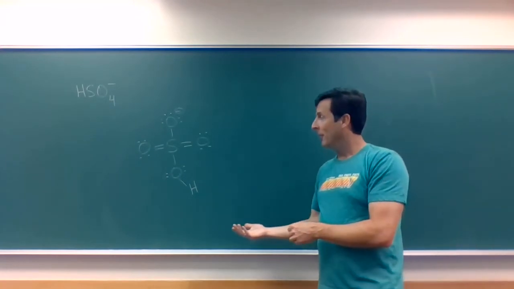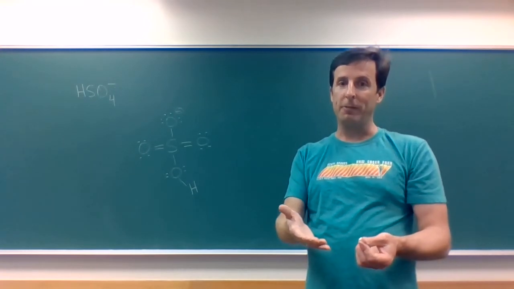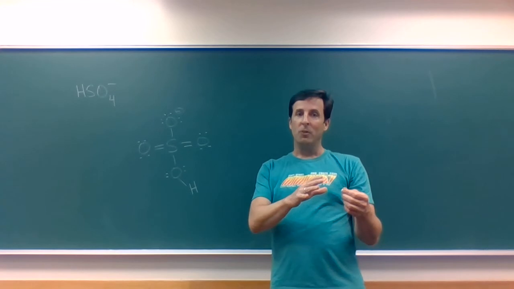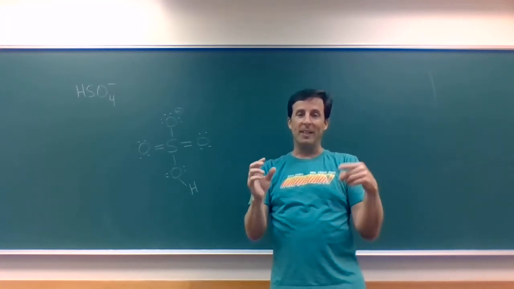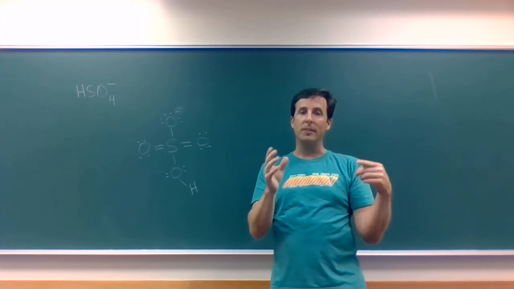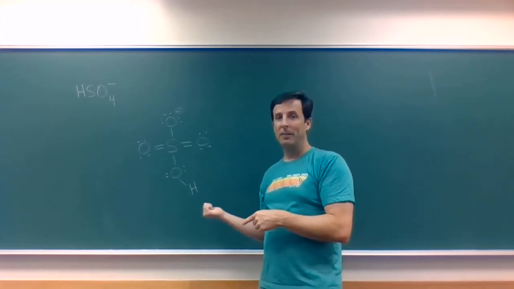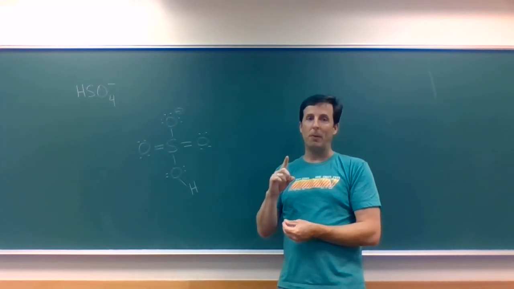Now, that's one structure. How many resonance forms could we have? A minute ago, when we did sulfate, we rotated the double bonds around all 4 oxygen atoms because they all were involved in sharing the double bonds some of the time. That won't be true with this ion because one of the oxygens is not going to want to have any part in the double bond.